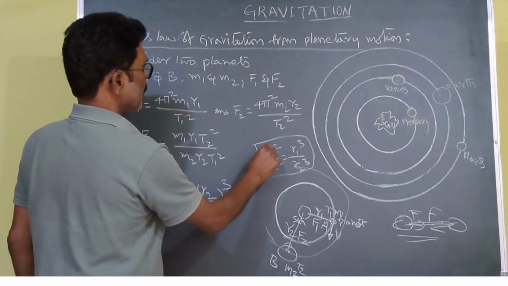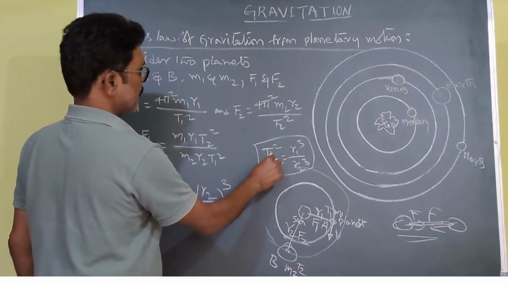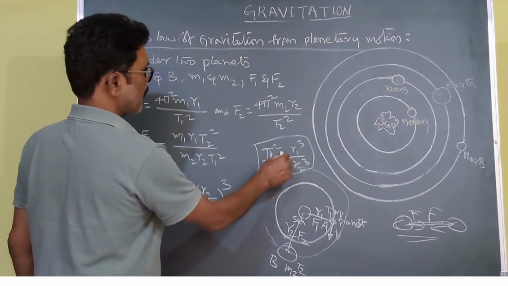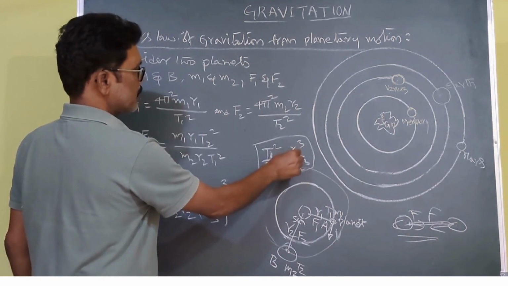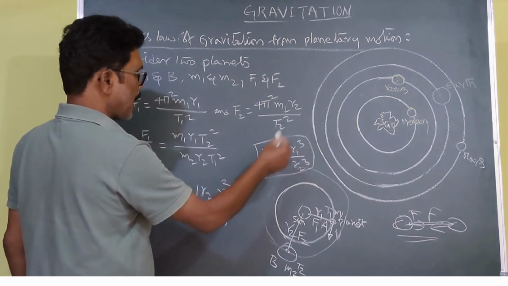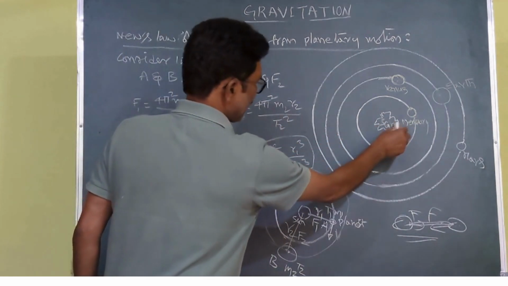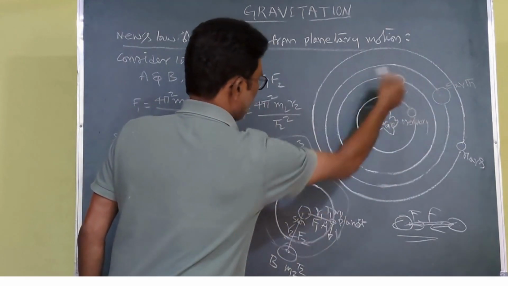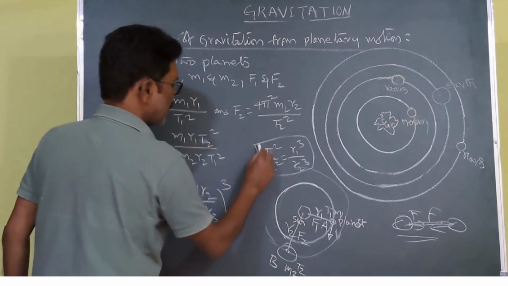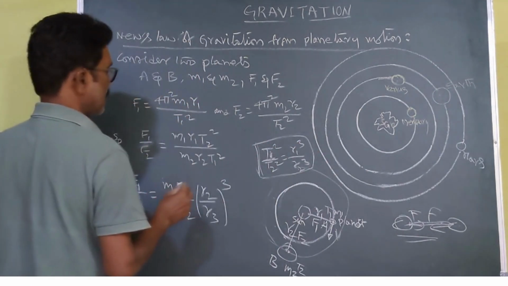One planet takes time T1, so T1 square is proportional to the cube of its radius. This is for the two planets, because these planets are rotating around the Sun. So this relation is established by Kepler.